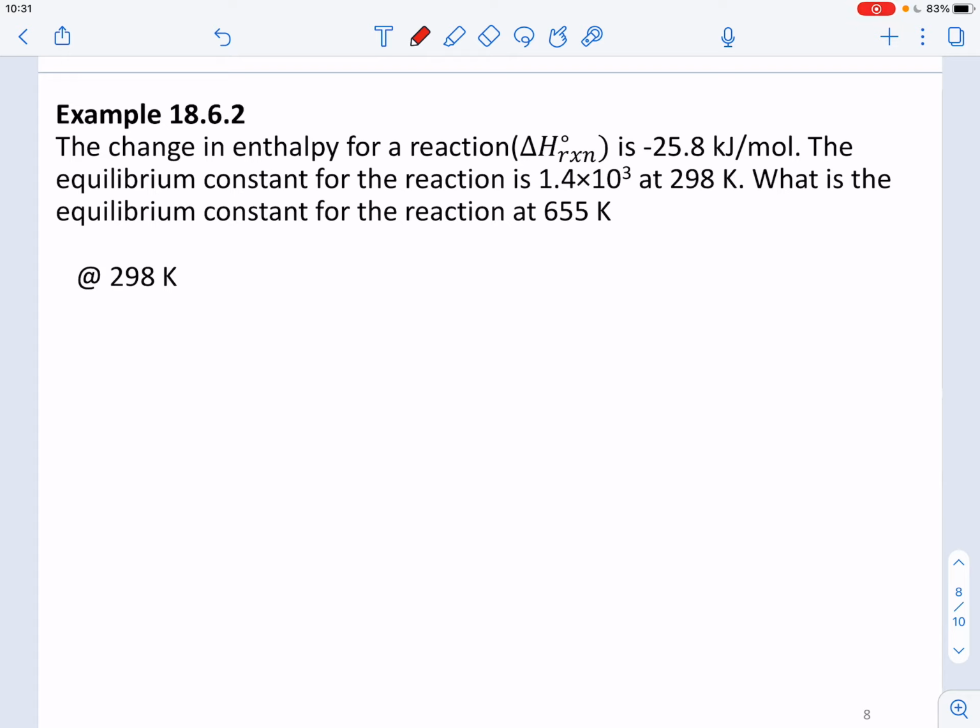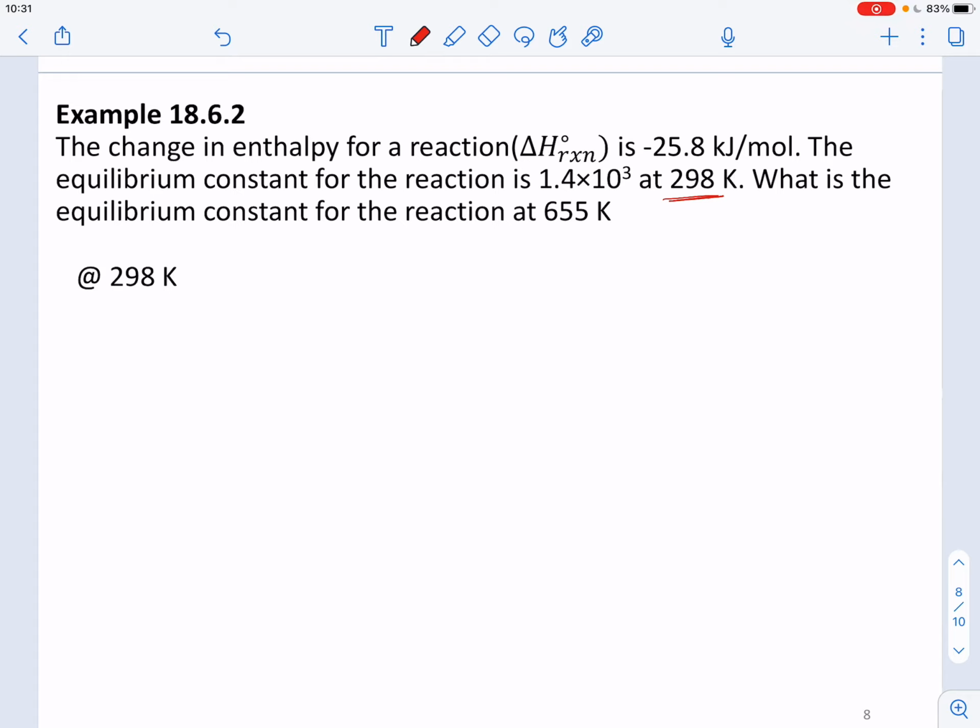It's minus 25.8, and we are giving you the equilibrium constant for the reaction. It's 1.4 times 10 to the power of 3, at that temperature. However, the question is, what is the equilibrium constant for the reaction at 655 Kelvin?